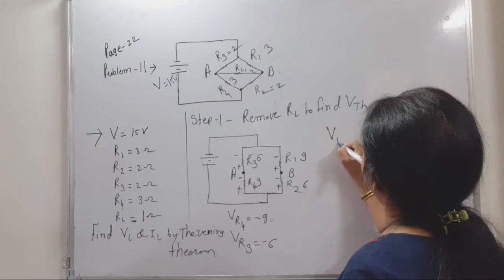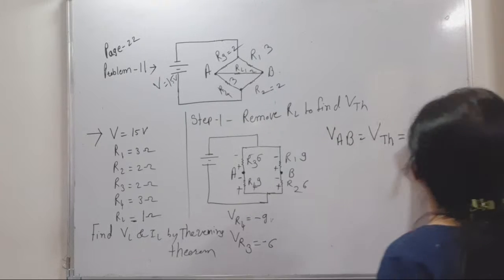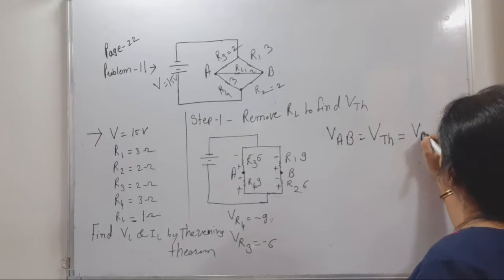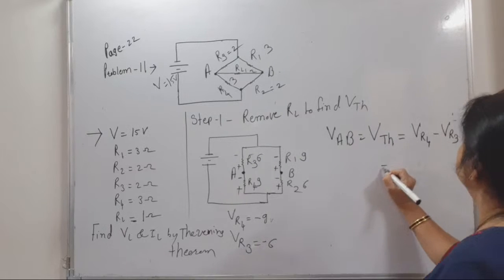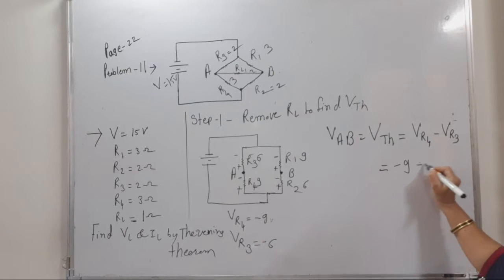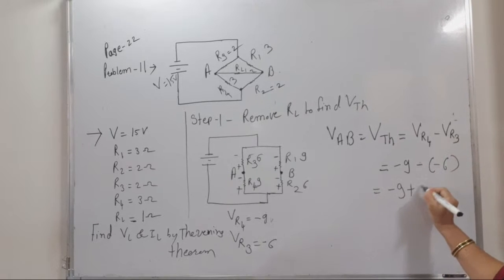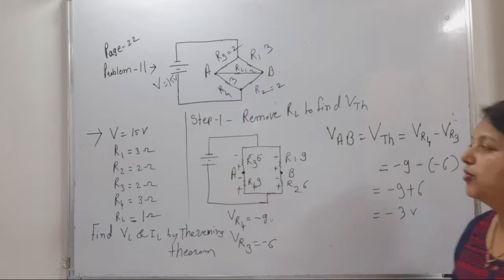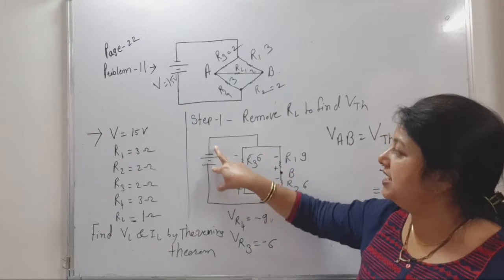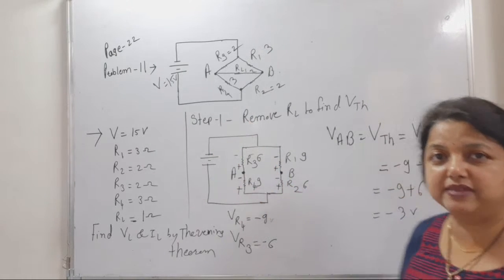Okay, therefore VAB is equal to VTH is equal to VR4 minus VR3 is equal to -9 minus -6 which is equal to -9 plus 6 which is equal to -3. So VTH is -3 volt. ऑफकोर्स आता ह्या 2 पॉइंट मधलं काढायचंय आणि ह्या पोलॅरिटीज अपोजिट आहे म्हणून तो पोटेन्शियल डिफरन्स काय आला, मायनस आला.